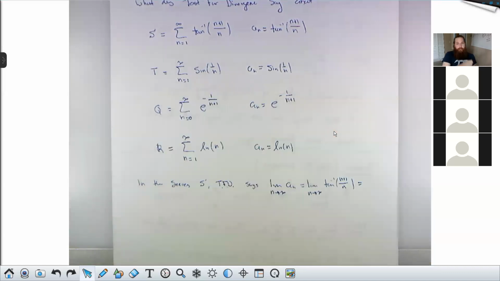What is that limit? You guys have been working hard on sequence homework, right? So we should be getting pretty good at these limits at infinity. What is the inside of arctangent here going to? What is the limit as n goes to infinity of (n plus 1) over n?